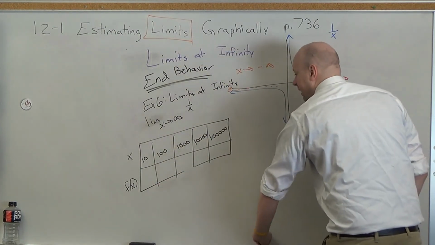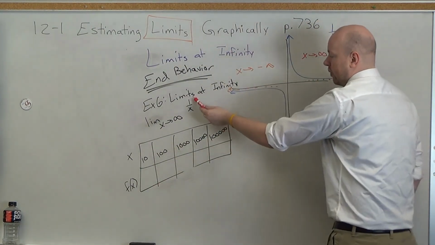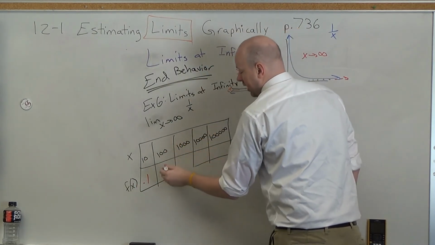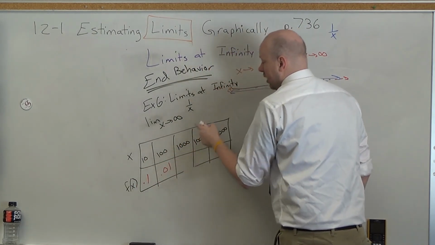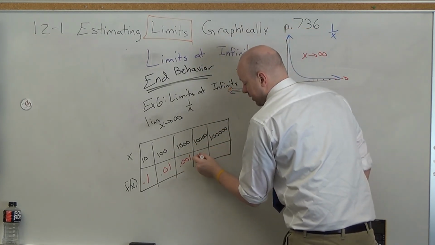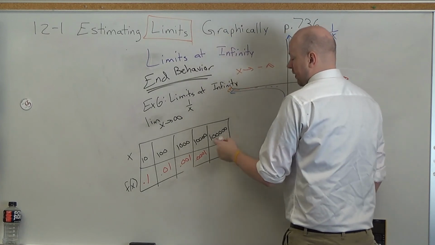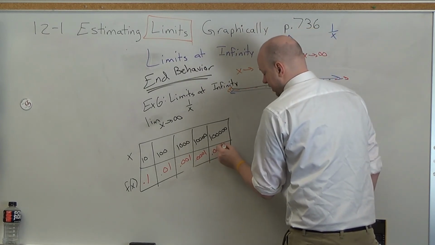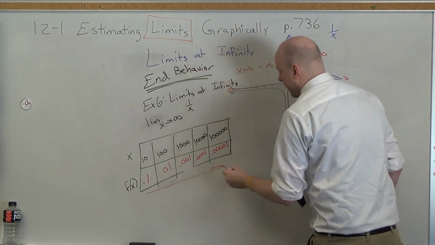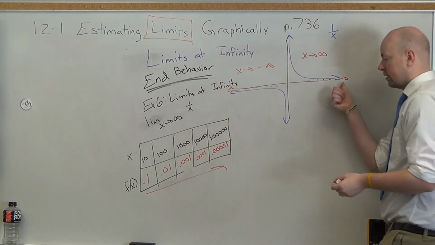Now if I were to type this into my calculator, I would get 1 over 10, so 0.1, 1 over 100, so 0.01, 1 over 1,000, so 0.001, 1 over 10,000, 0.0001, 1 over 100,000, so 0.00001, etc. As it's going, we clearly are approaching 0.